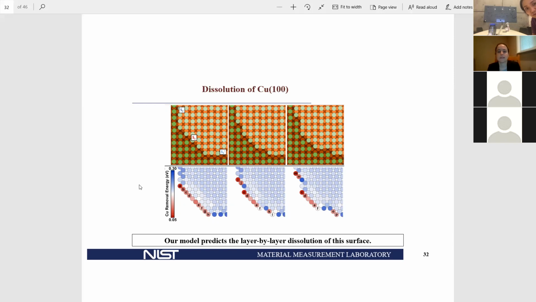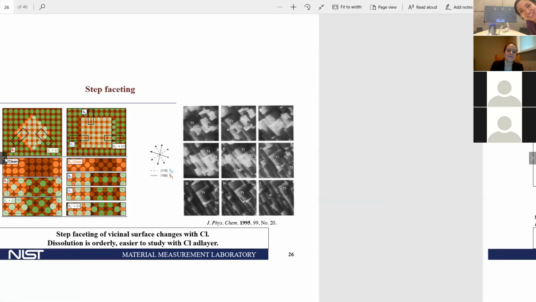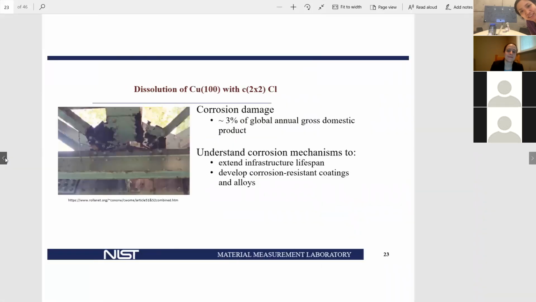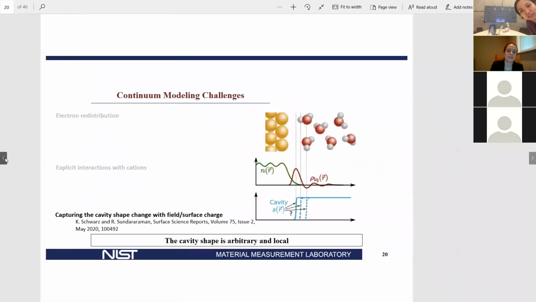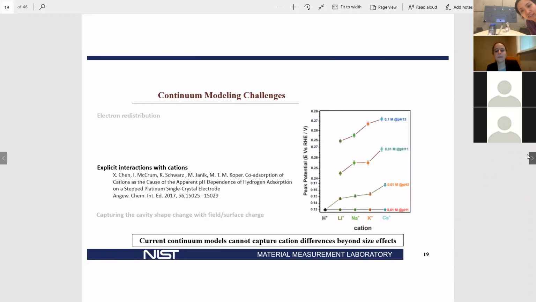So in the data you showed from copper, where do you think that your continuum approach breaks down? Because my impression was that it was actually pretty good. What is missing in the picture here? So this is actually not continuum modeling. This is explicit calculations.